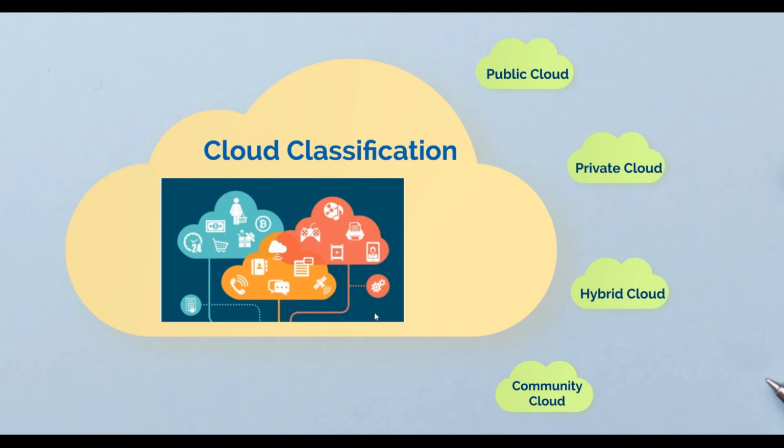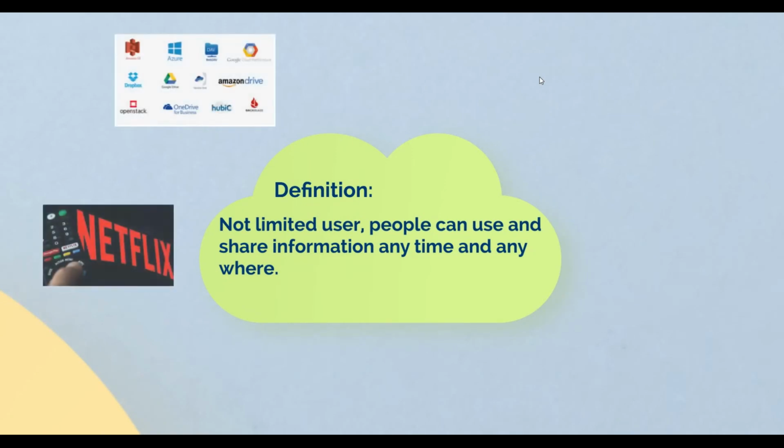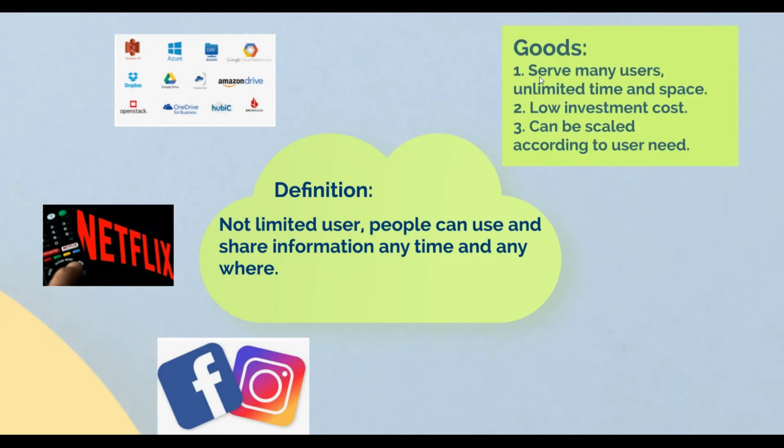There are four types of cloud computing. These are public, private, hybrid, and community cloud. First of all, public cloud. Public cloud is not limited to users, and allows people to use and share information.